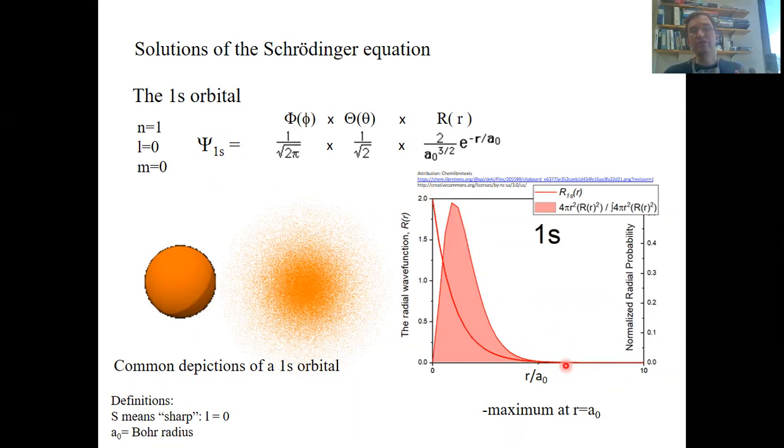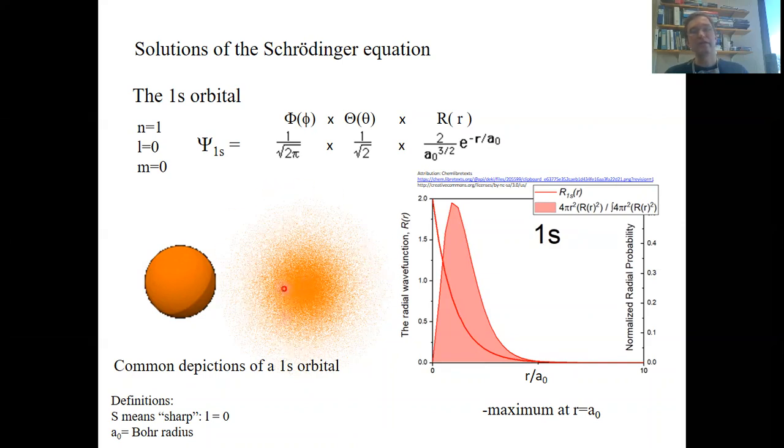So that means that the probability to find the electron at a point in space is highest the closest to the nucleus, or directly at the nucleus, and we can indicate this by plotting or depicting the probability to find the electron at a particular point in space by a density of points, and this is shown here.